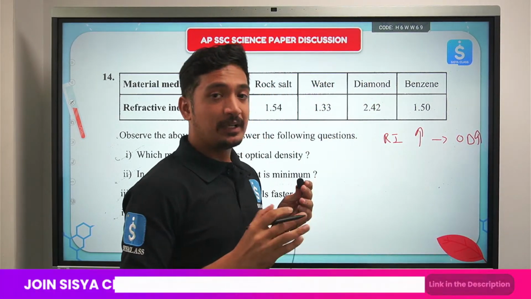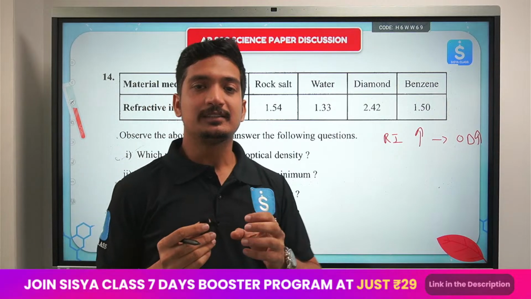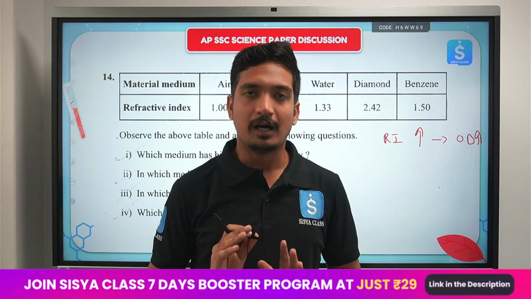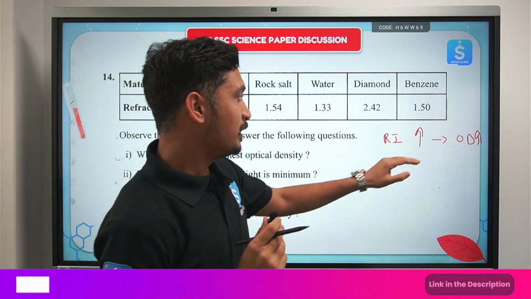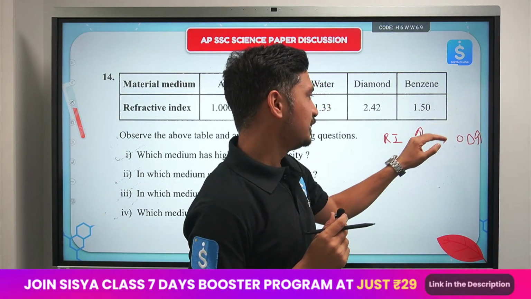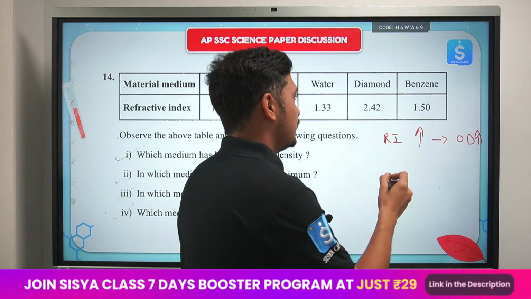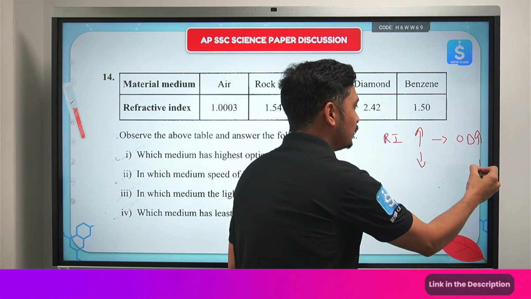Optical density of a medium is related to the refractive index, and both are proportional. So if the optical density increases, the refractive index will also increase, and likewise if it goes down, this will also go down.